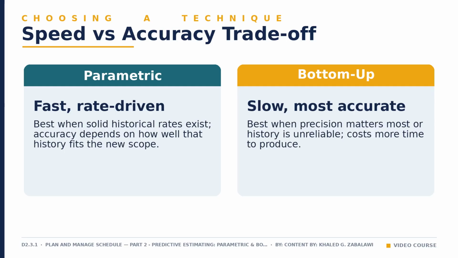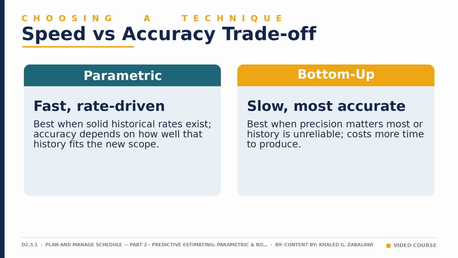Parametric estimating is fast because it leans on one historical rate, but that speed only produces an accurate number if the new work genuinely resembles the historical data behind the rate. Feed it mismatched history, and it will confidently produce a bad estimate. Bottom-up estimating is the most accurate technique available, because every component gets individual scrutiny.